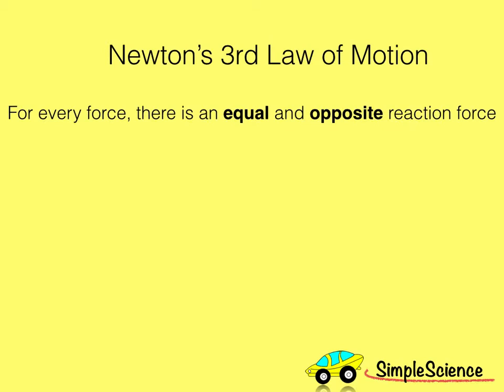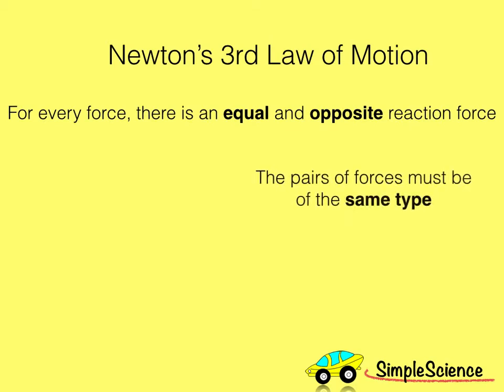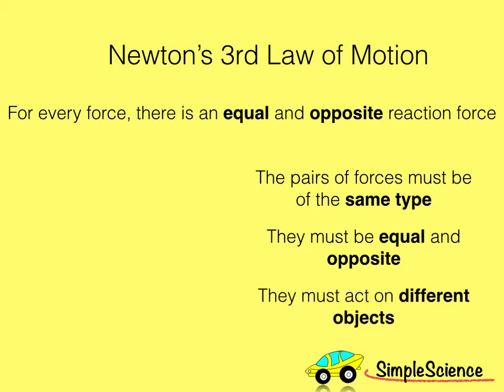And these two forces that I'm talking about must be forces of the same type. That means if the action force is a gravitational force, then the reaction force must also be a gravitational force. I will explain it later. But they must be equal in magnitude and opposite in direction, and they must act on different objects.